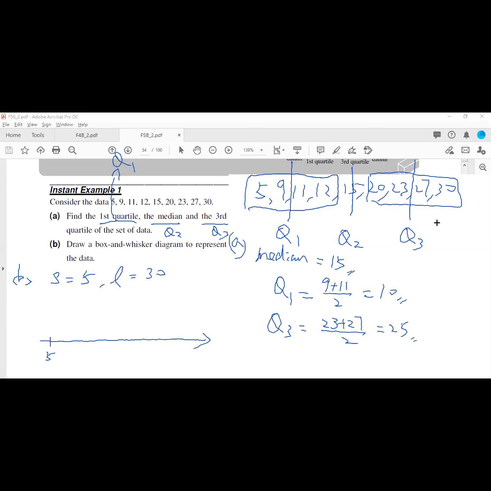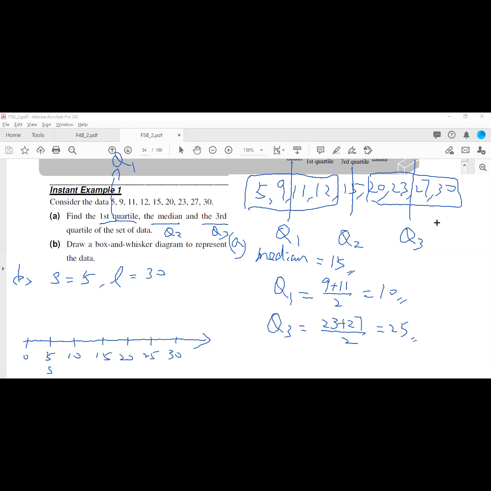Q1 is 10. Roughly like this: if here is 0, then 0, 5, 10, 15, 20, 25, 30. Okay, smallest datum is here. This is S. Okay, Q1 is 10.